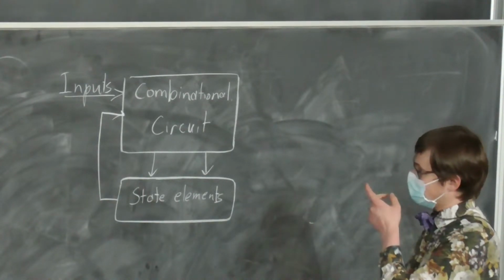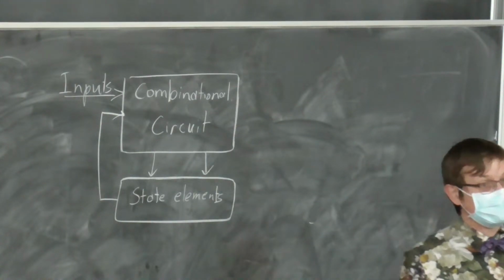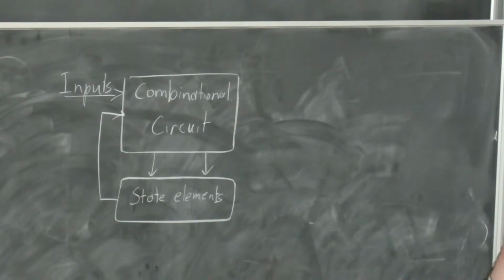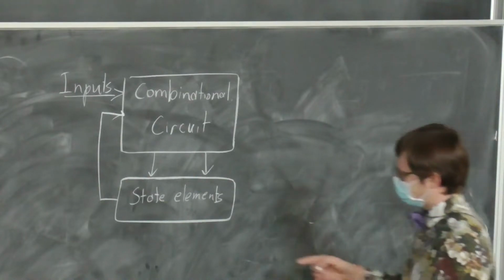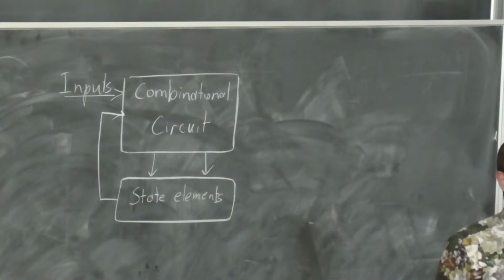So from this, the question we then derive is, where do the outputs come from, right? In this diagram, there are two approaches, essentially.